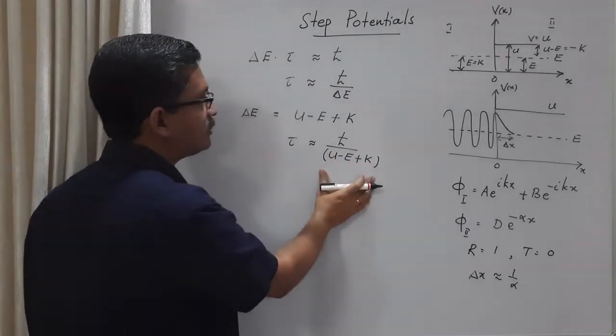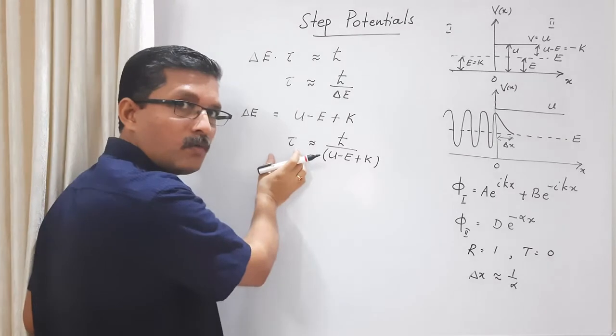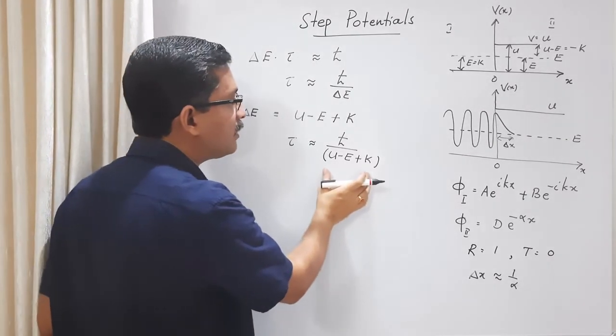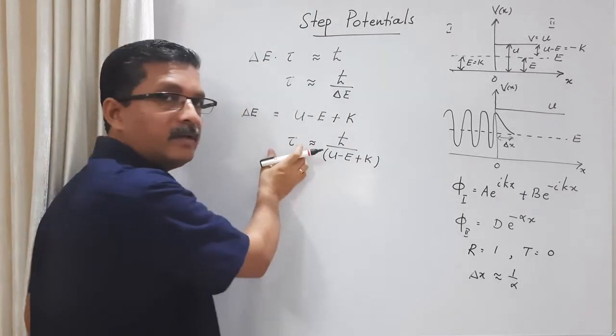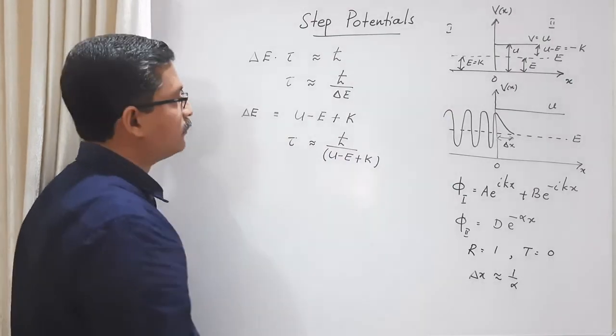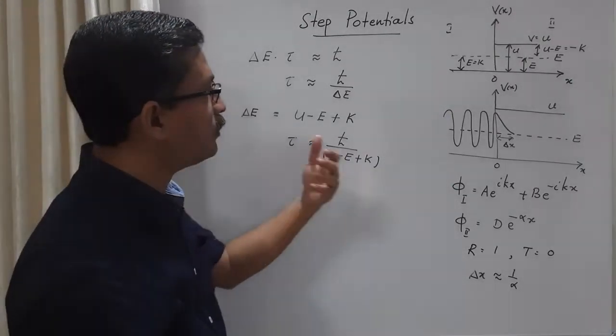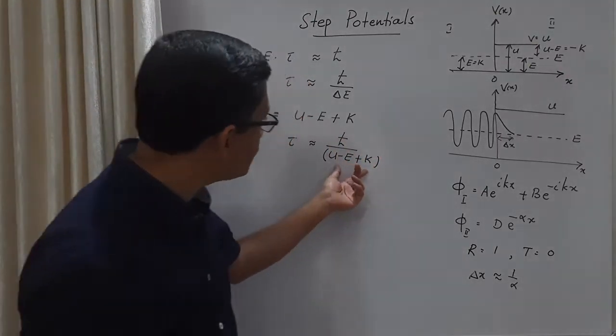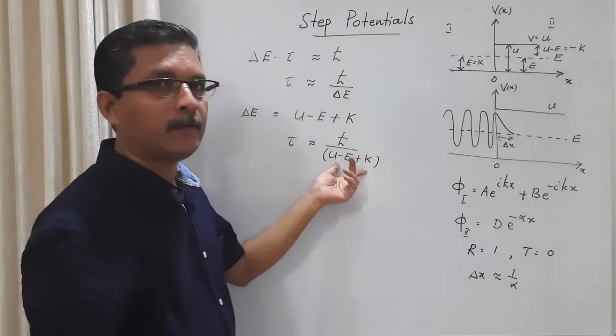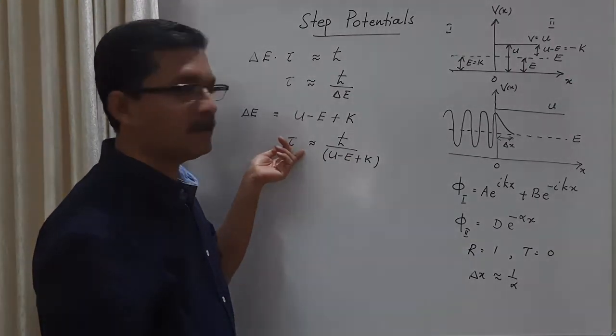If this energy is higher, then tau will be much lower. As the particle requires more energy, the time interval will be much smaller. This is the idea. So let's assume that some of the particles are obtaining this much energy spontaneously within this time interval.